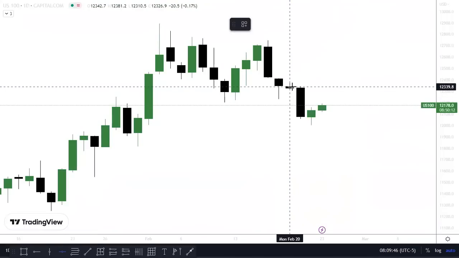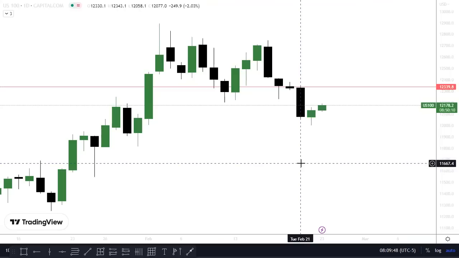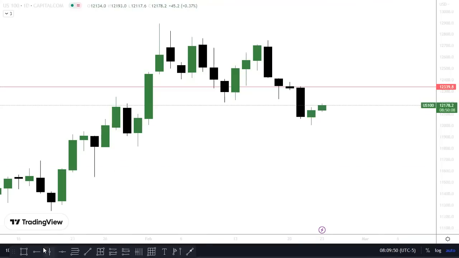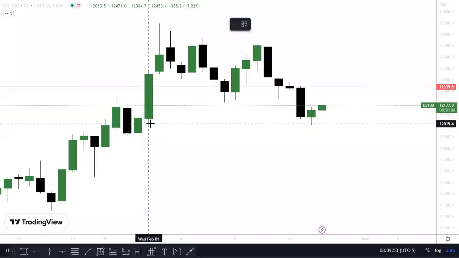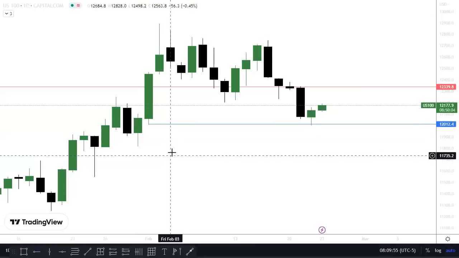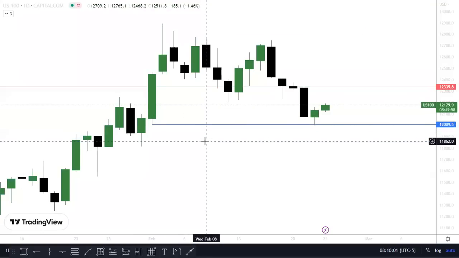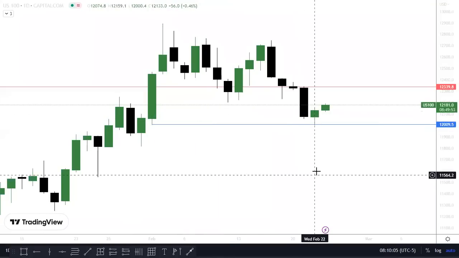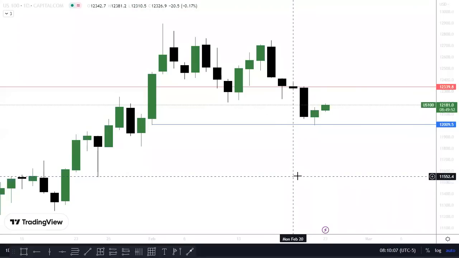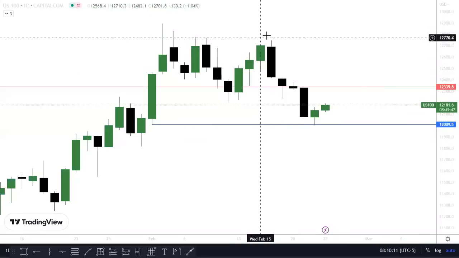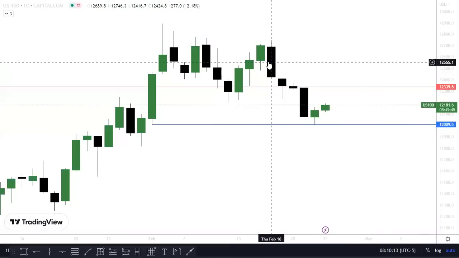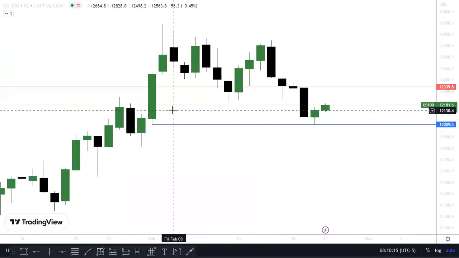Drawn liquidity is lower, and first and most obvious one would have been failure swing, because we always anticipate failure swings to hold liquidity. That's 1209, pretty close to 12,000, which makes this level and 12,000 next logical drawn liquidity. So if you follow me on Twitter, sometime last week I mentioned that I wanted to see 12,000. This is why.